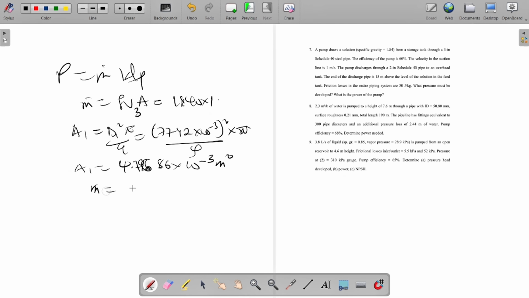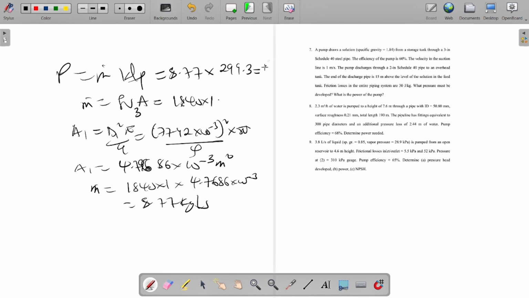So the mass flow rate becomes 1040 times 1 times 4.7686 times 10 to the power minus 3. That gives me a mass flow rate of 8.77 kilogram per second. So now the power becomes 8.77 multiplied by the WP, which was 299.3, which gives me 2625 watts.